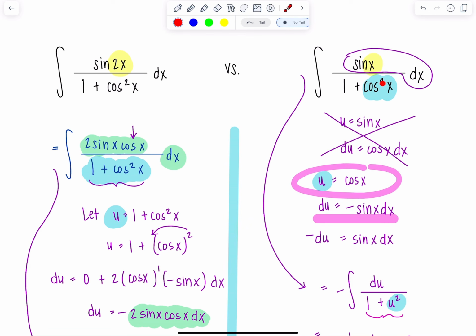Don't add the exponent in there because you want this to get absorbed as your du, right? But if you have something more involved in the numerator, then you can let u be a higher power of a trig function, because then when you take the derivative and you apply the chain rule, it'll match up more nicely. And this is important when you move on to learning how to do trig integrals, okay?